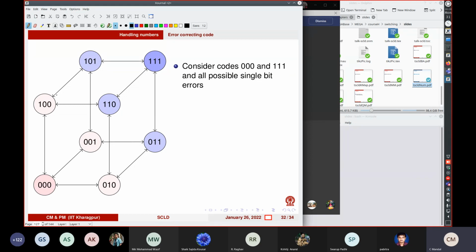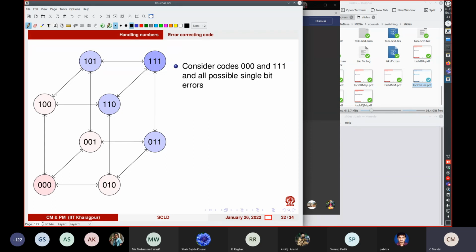So let us focus on 2 particular codes, all 0s and all 1s. Now let us consider the possibility that any one of your bits can be in error. So 000 and 111 are valid code bits, let us say.